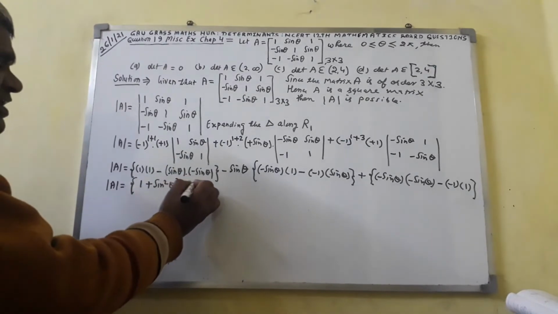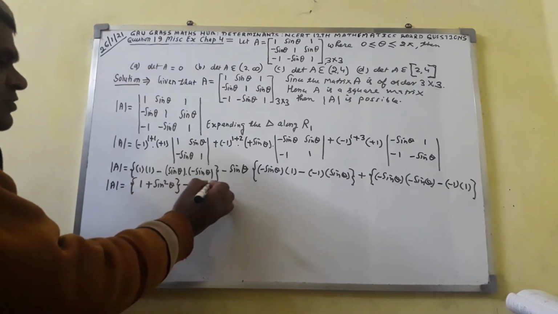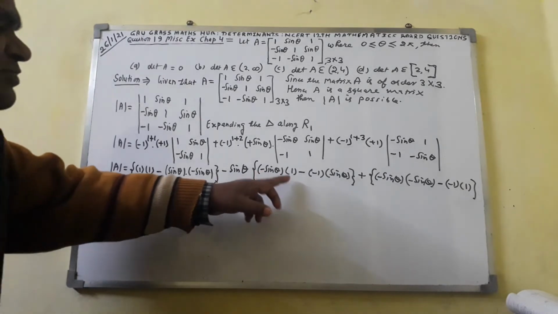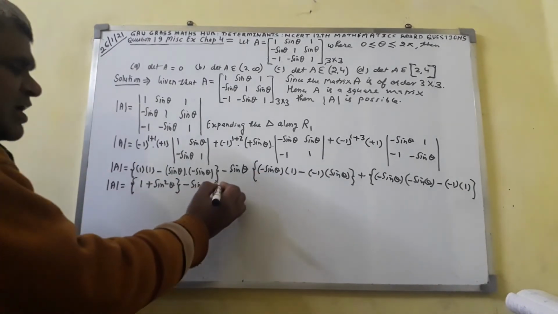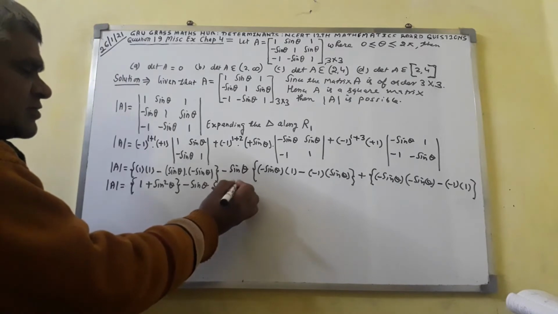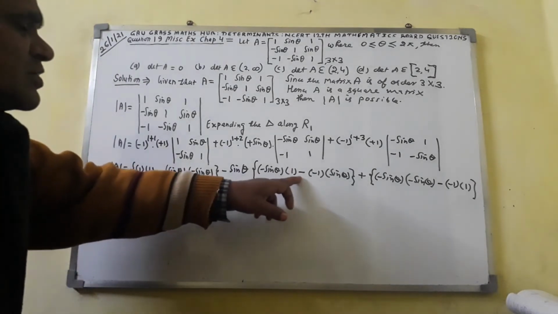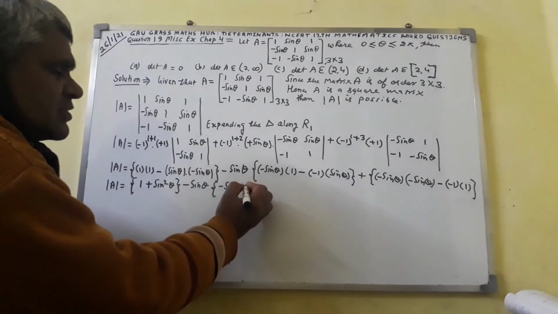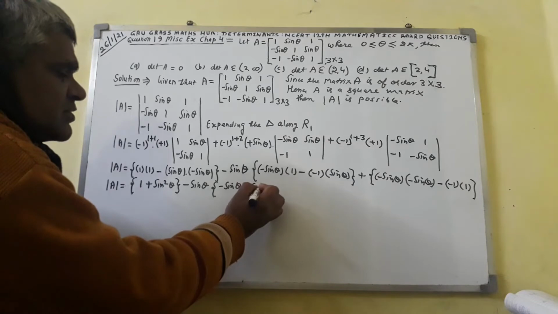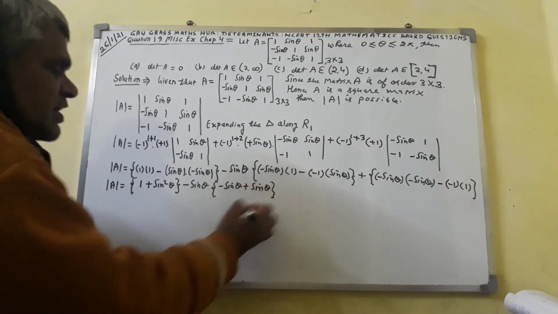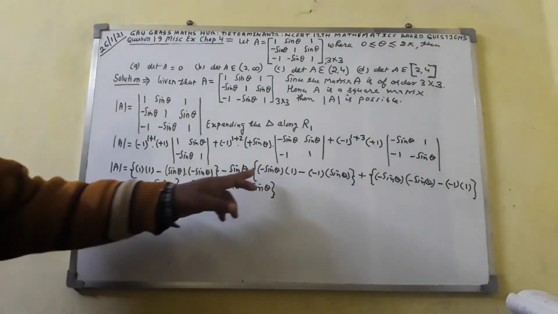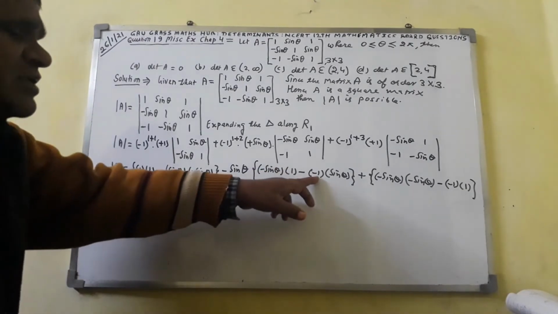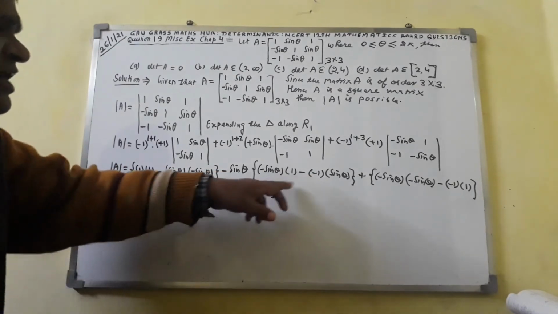And here write minus sin theta, open here curly bracket. Minus sin theta will multiply to 1 comes out to here minus sin theta. And here minus will multiply to minus will come out to here plus sin theta you will get. Curly bracket close. Minus sin theta will multiply to 1 comes out to here minus sin theta. Minus will multiply together, will get here plus sin theta.